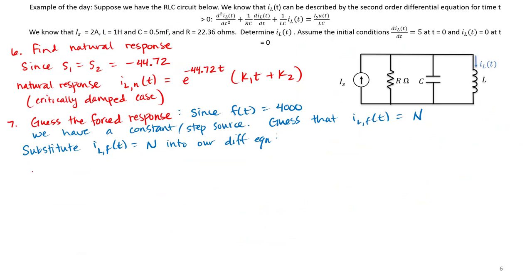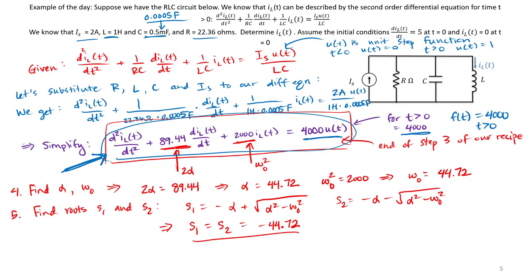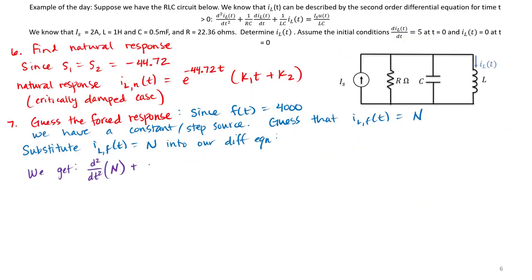So here's what we get. We have our second derivative term, d squared dt squared of n, plus we have 89.44 diL/dt, so that will be 89.44 times d dt of n.